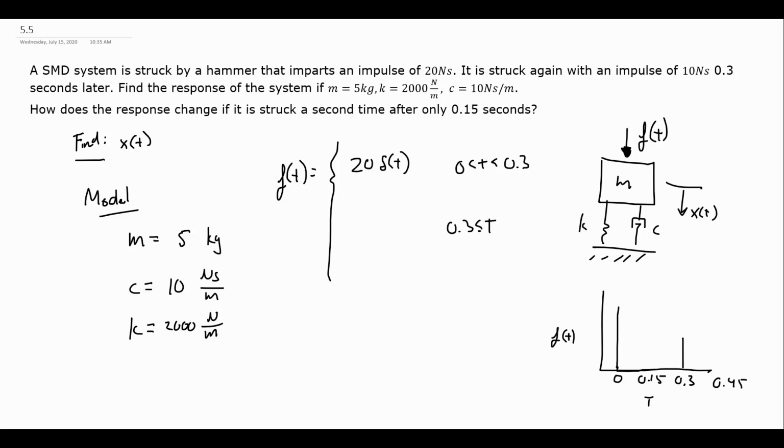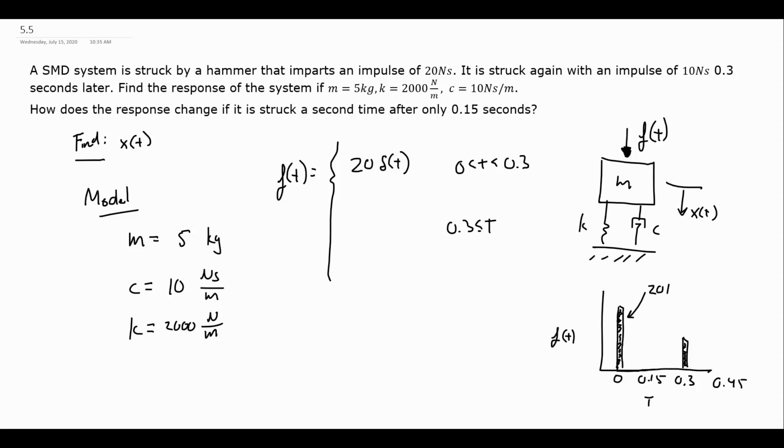To better represent it, what we can do is say it does have a very, very thin width to it. And the area under this is going to be the actual impulse. So the thinner it is, the taller the actual force is if we were expressing it in terms of newtons of force rather than the impulse. The impulse is the area under it.